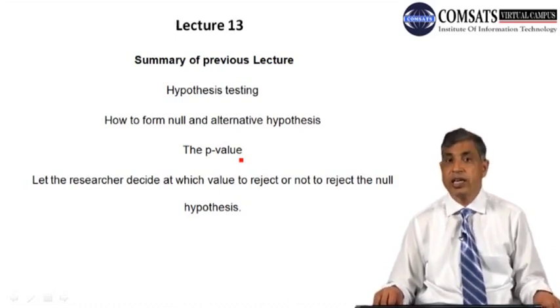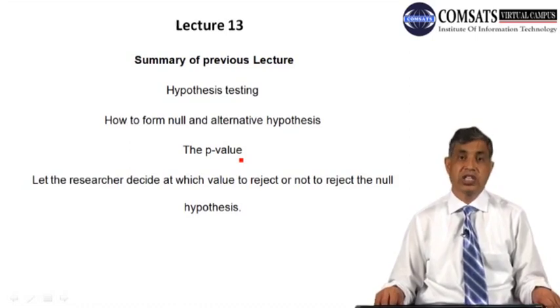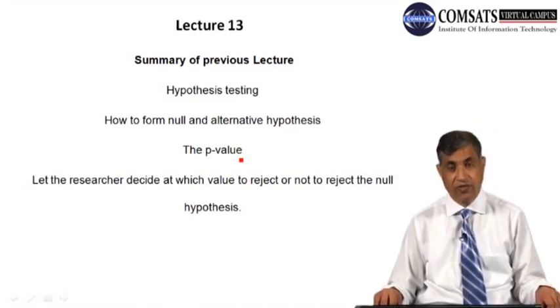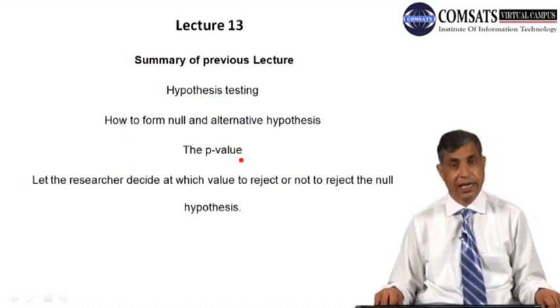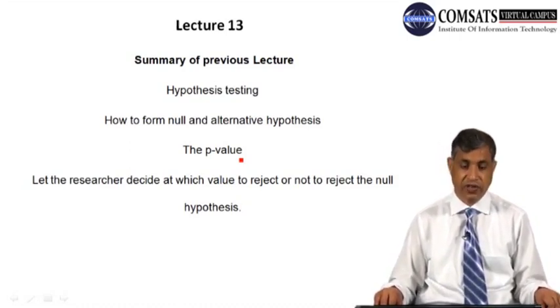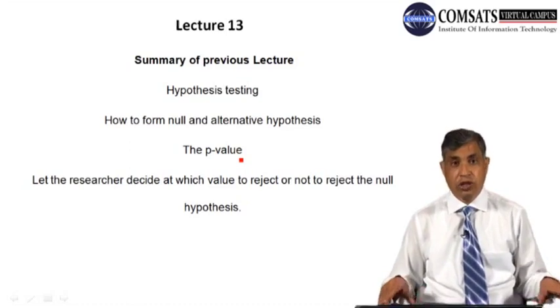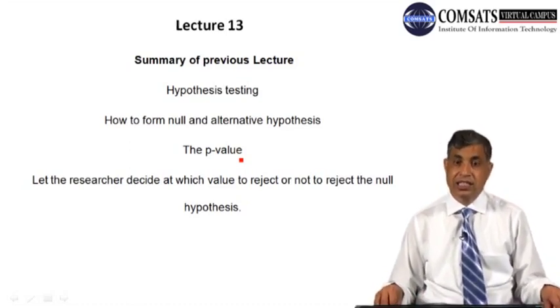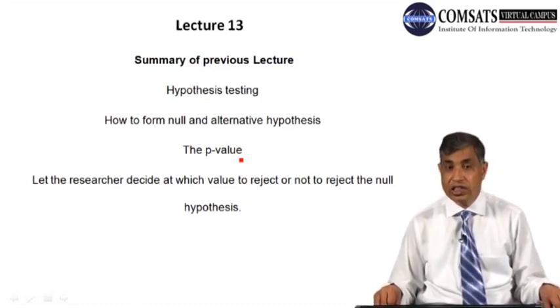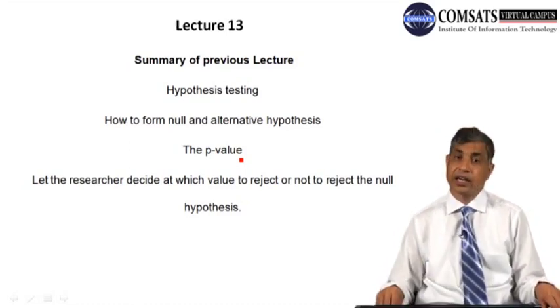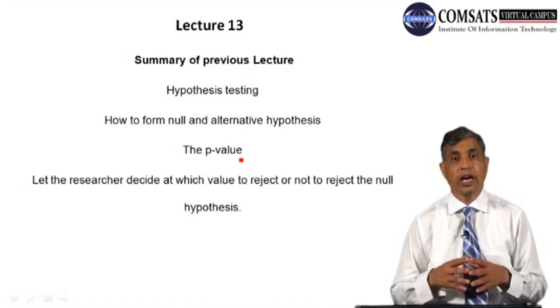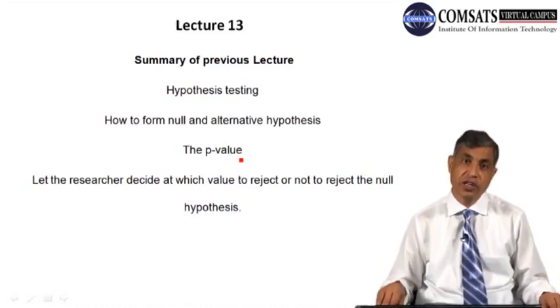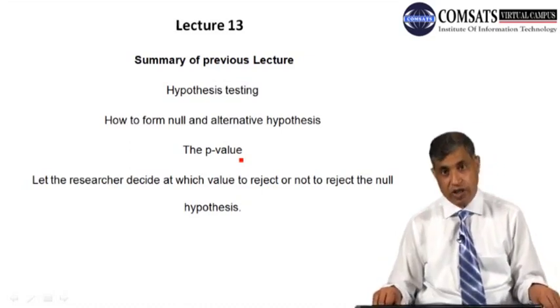It is still not a benchmark, but most of the time researchers confine themselves to these three levels of significance: 1%, 5%, and 10%. But the most important thing is to let the researcher decide at which level to reject or accept. If your study is not too sensitive, you can go up to a 15% or 20% rejection level.